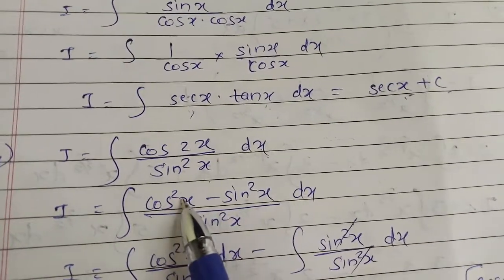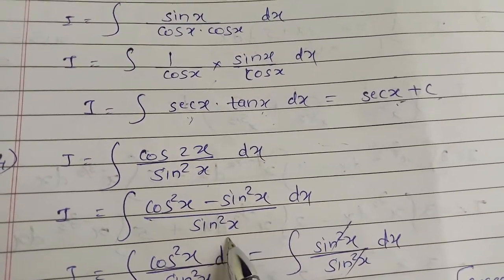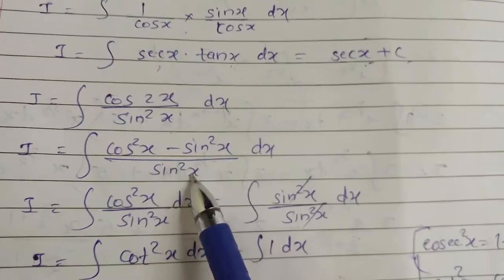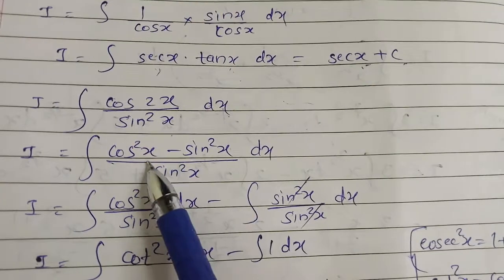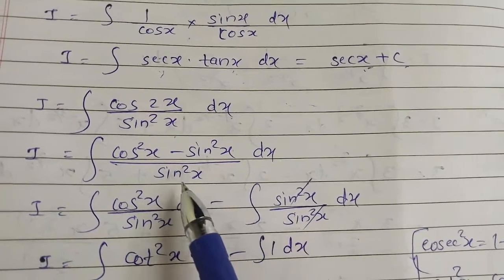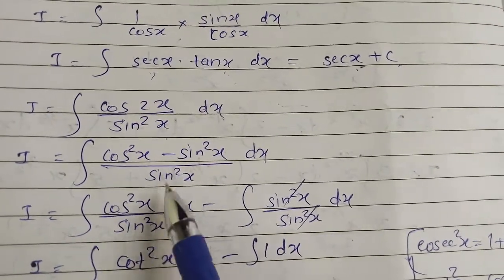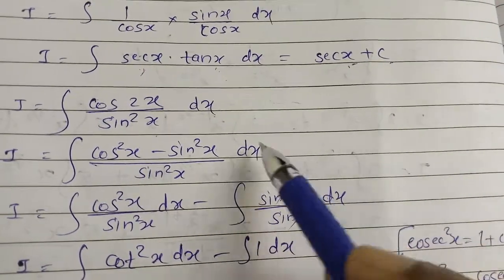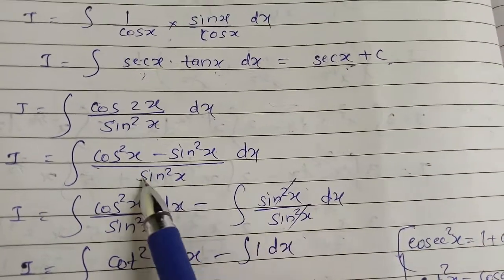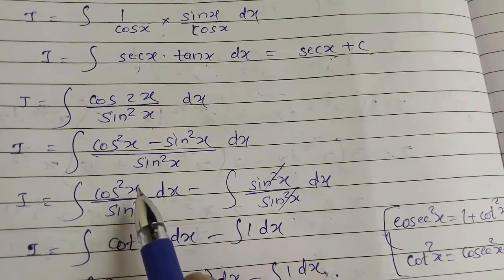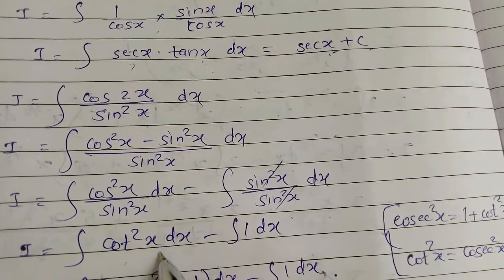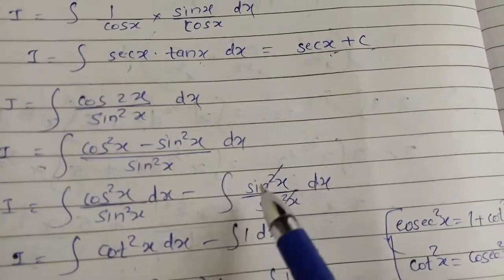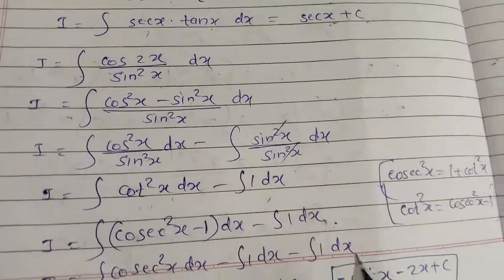So integration of cos square x minus sin square x upon sin square x dx. So here we are going to separate the sin square x for each term, means we are going to separate the denominator. So cos square x upon sin square x dx minus integration of sin square x upon sin square x. Here we separate the denominator, and so here we get cos upon sin, you know that is cot x, and since there is a square, we write cot square x dx minus here we get 1 dx.